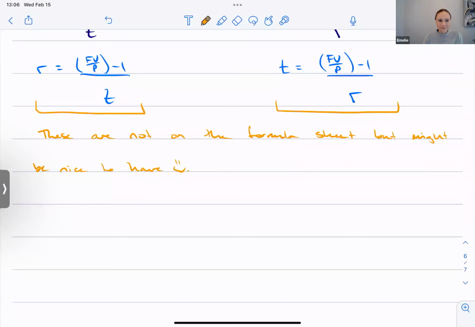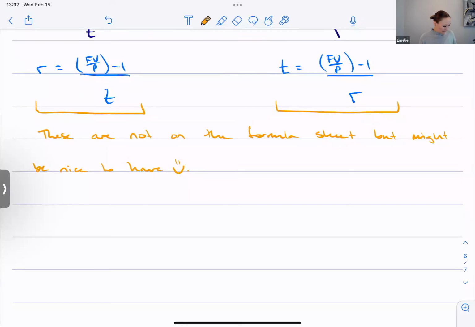Okay. Kind of a weird smiley there. So just have them somewhere written down, right? If you add to that formula sheet or however you want to do it, that's totally fine. Okay.